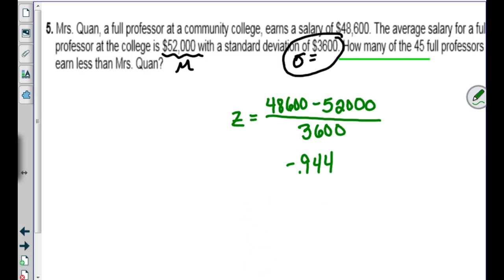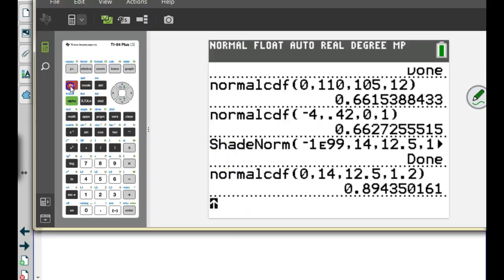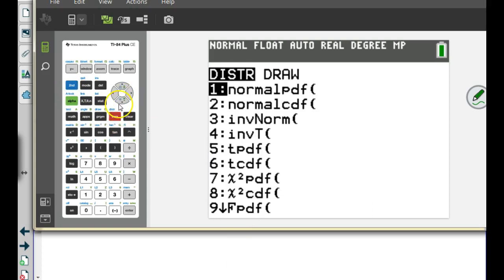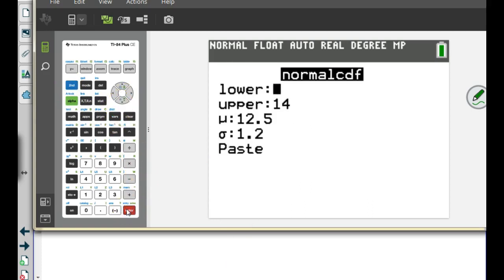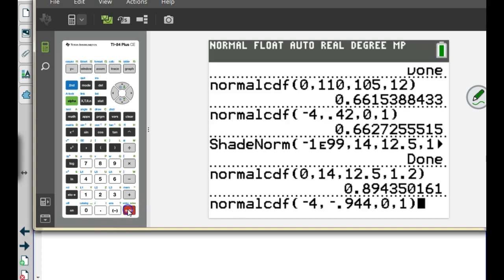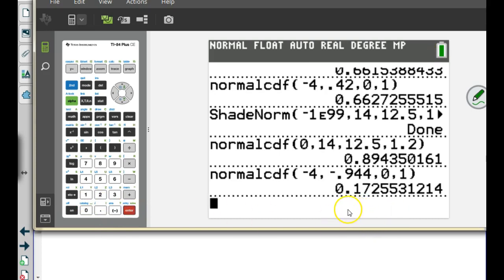So I could go back here and I could use that and do these all in z-scores. I would say down to -4, they usually use -4 z-scores as the lowest, negative 0.944, whatever you want to put in there. And when we're using z-scores, remember, it's 0 and 1. I don't know why that's what they always do, 0.172, okay?